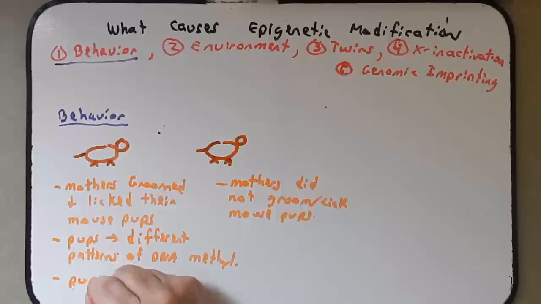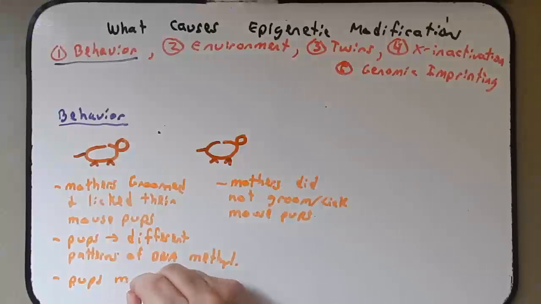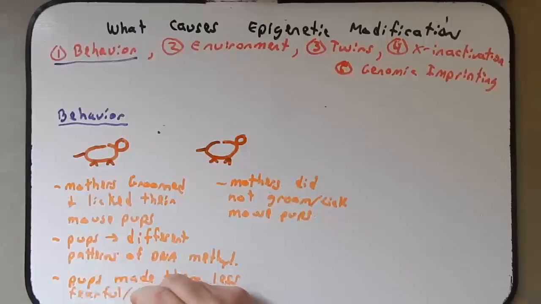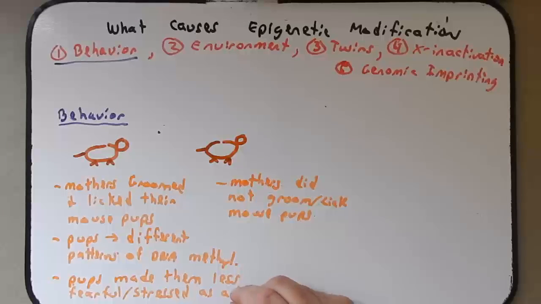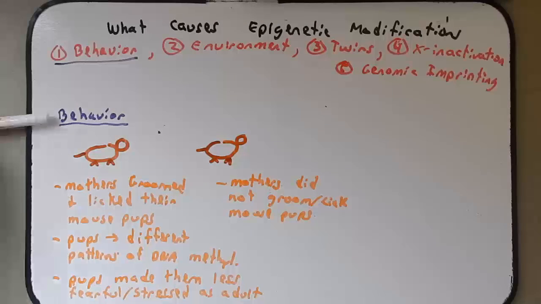So pups in this group here were less fearful and less stressed as adult mice, compared to the pups who came from the mothers who did not groom or lick them. So this behavior of mother mice caring for their young has a direct correlation to which genes get methylated and ultimately how the progeny, in this case the mouse pups, can deal with events in life as an adult.